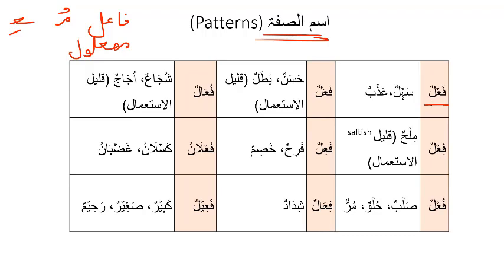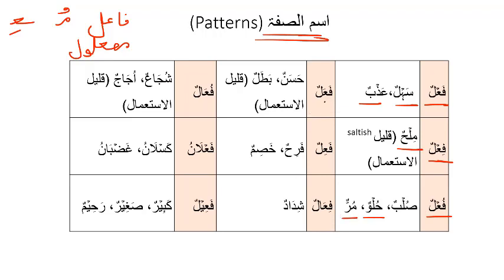So fa'lun is one pattern. So sahlun, easy. Ghazbun means angry. The next pattern is fi'lun, not used very often, but milhun means saltish. The next pattern is fu'lun. So for example, hulwun means sweet, murrun means bitter.